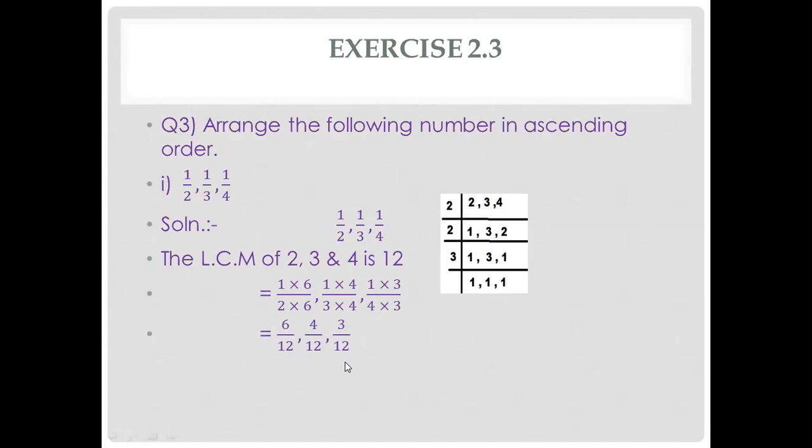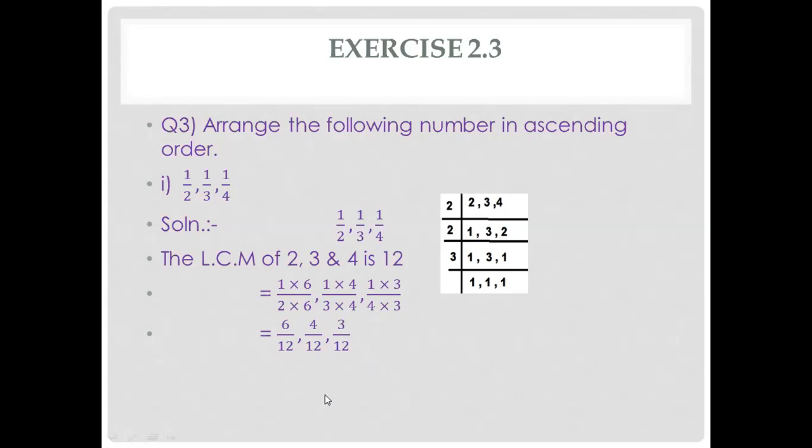Now we are going to arrange these numbers in ascending order. When the denominator is the same, then from the numerator you can easily know which one is the smallest number: 3. So 3 over 12 is the smallest, after that 4 over 12, and after that 6 over 12.